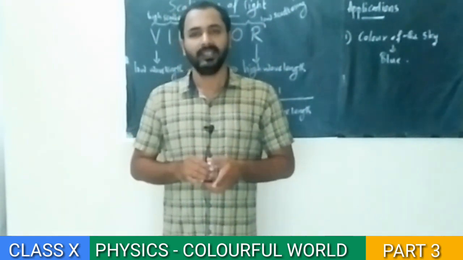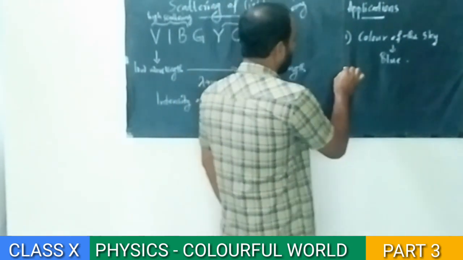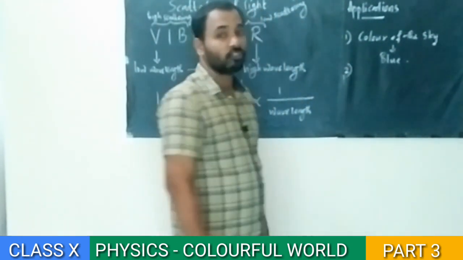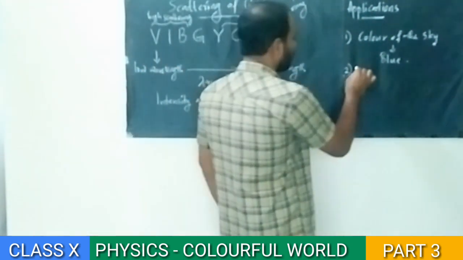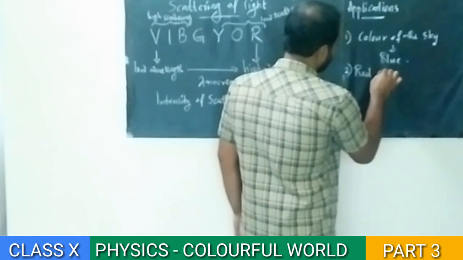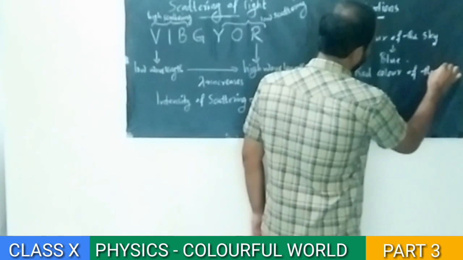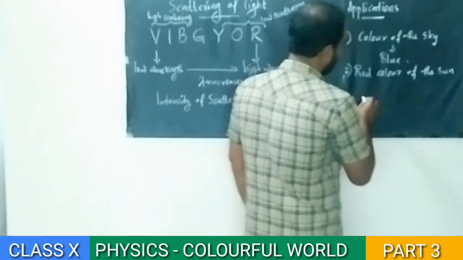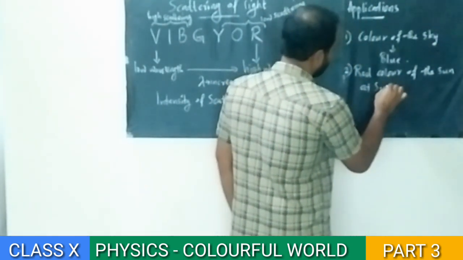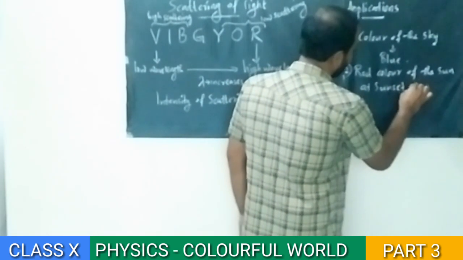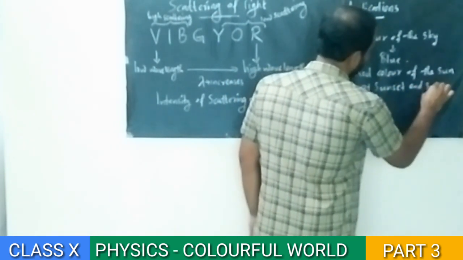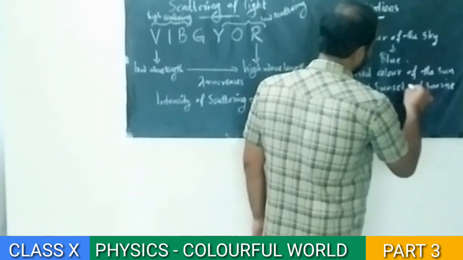Okay, clear. Next, the second application of scattering is the red color of the sun at sunset and sunrise.